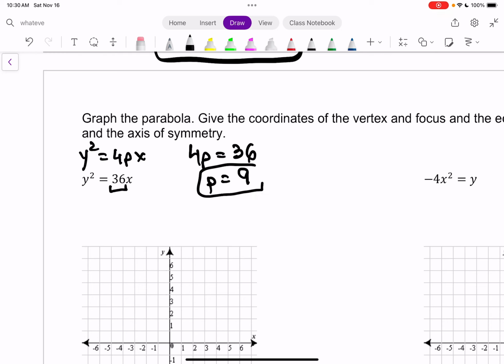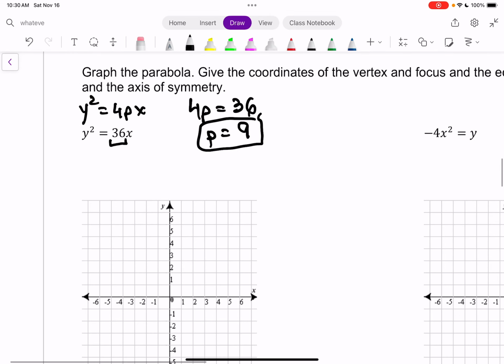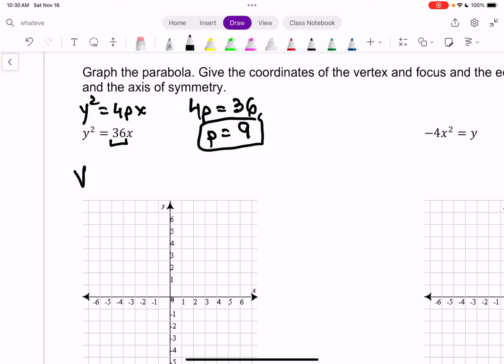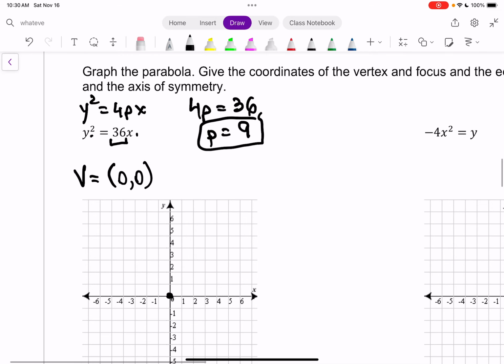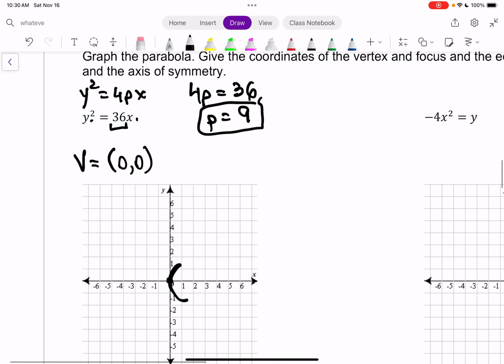So the focal distance is 9, positive 9. Good. First thing I need to find is where's the vertex. The fact that I have nothing subtracted from x and y means the vertex is going to be at the origin.